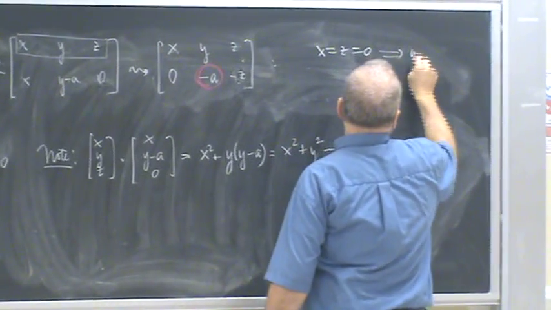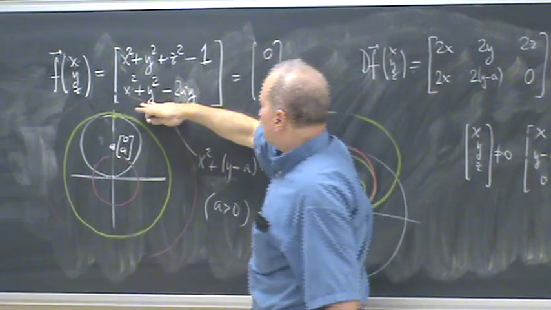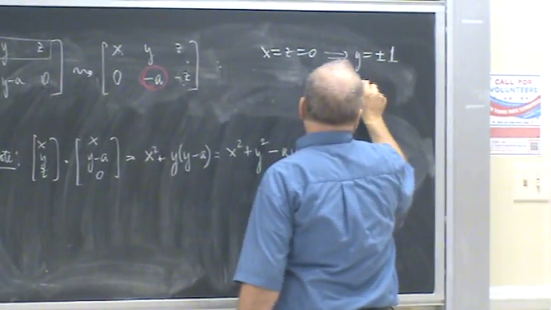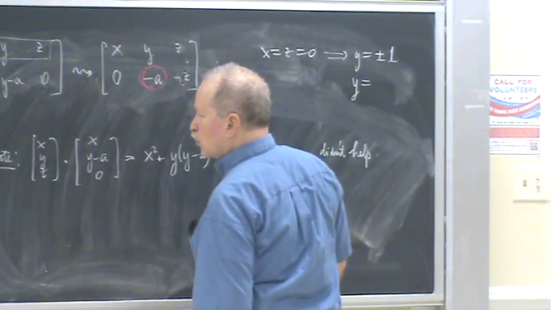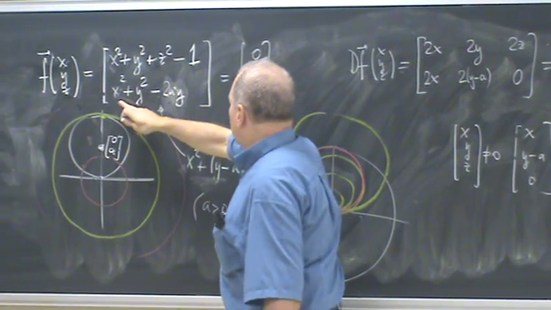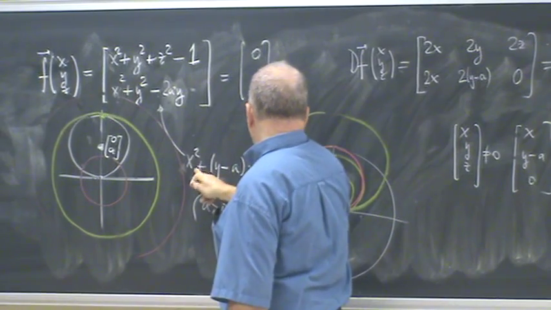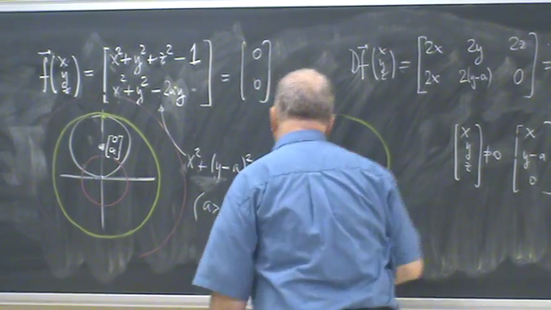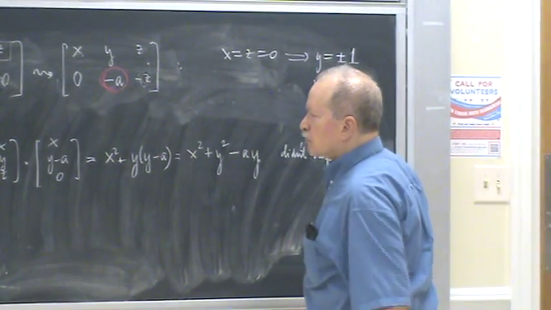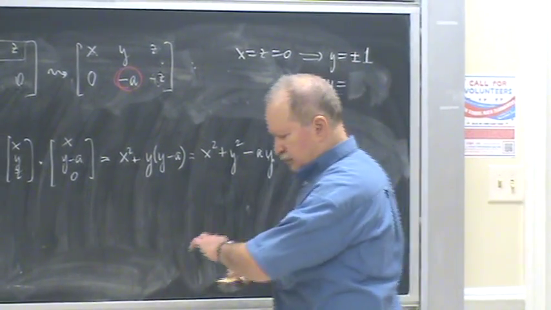Then your second equation is going to hold if and only if y is A. With x equal to 0, I have to have y squared minus 2ay equal to 0.